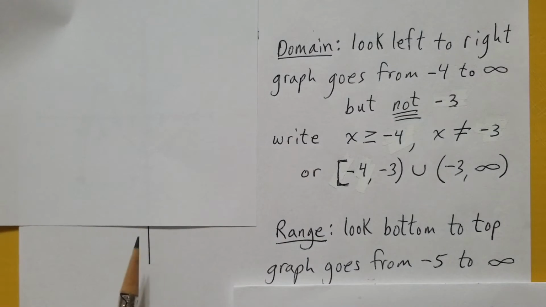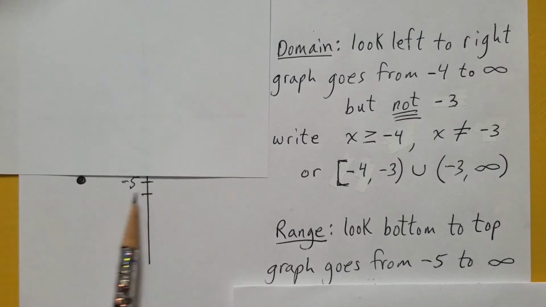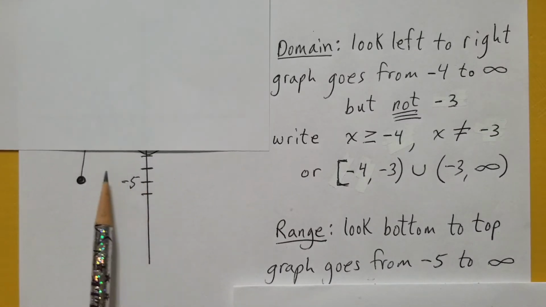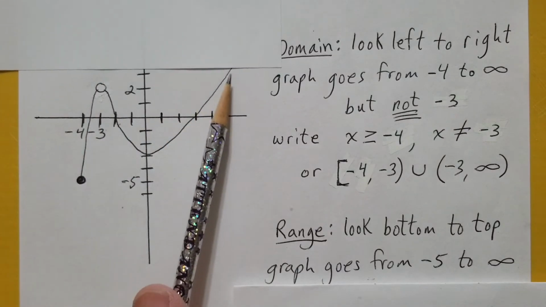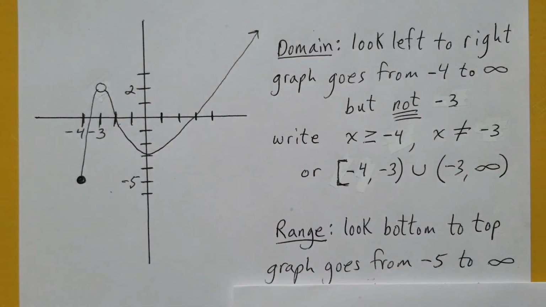Here's the bottom. Nothing, nothing, nothing. Hey, it starts at -5. And then it goes on and on and on. There's a y there, there's a y there, and up and up and up forever. So it starts at -5, and it goes up to infinity forever.